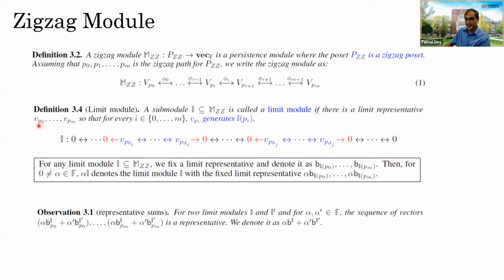What do I mean by this limit representative V_P0 to V_PM? It is a module created by vector spaces pointwise, say V_Pi, which are one-dimensional, and the maps are isomorphisms, again the maps are the identity. So in this case, this is the limit module because these are all one-dimensional vector spaces. The only thing is that this should be a complete representative of the module I.